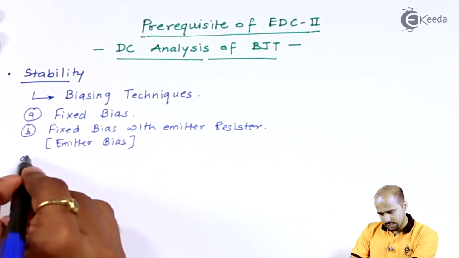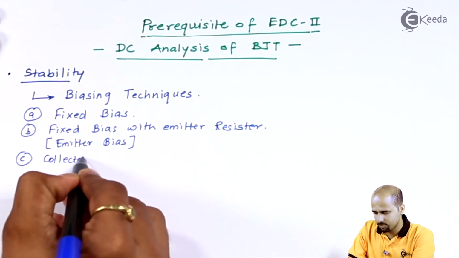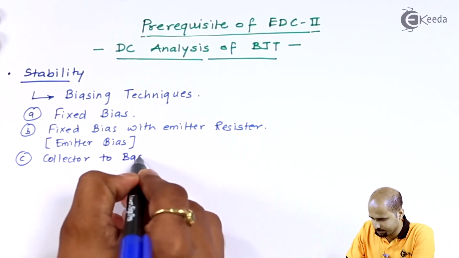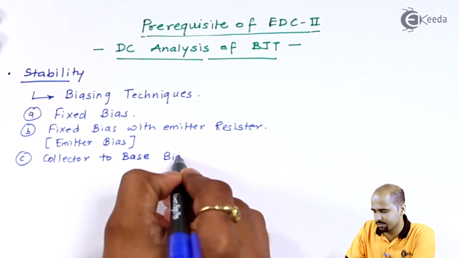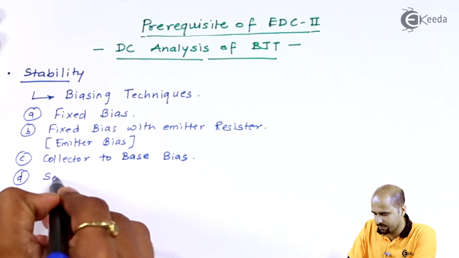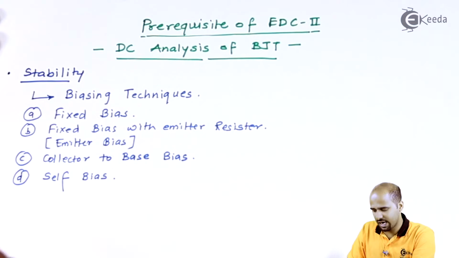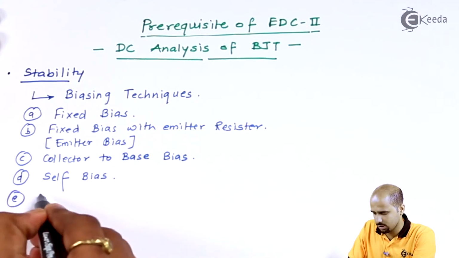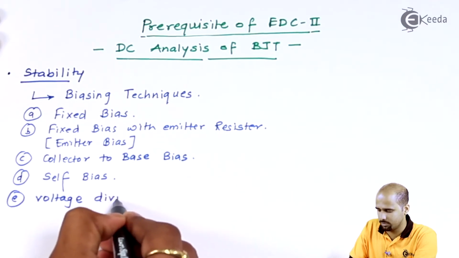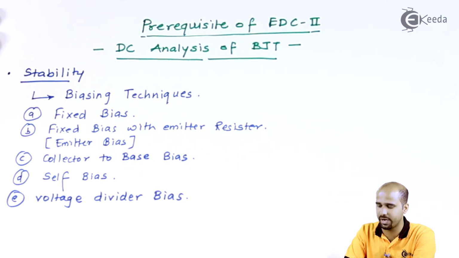C is collector to base bias, D is self bias, and the last is voltage divider bias.